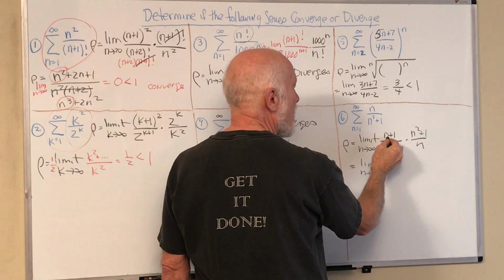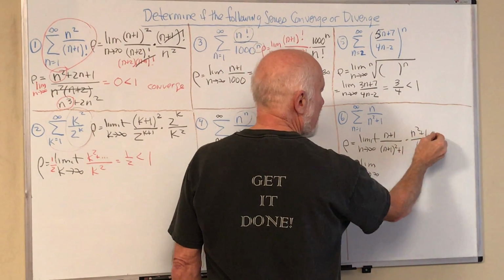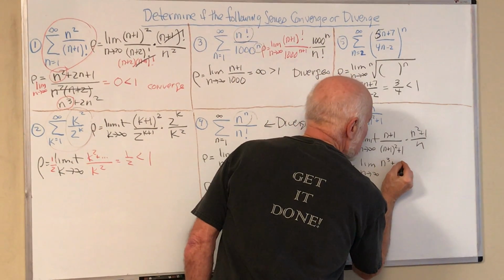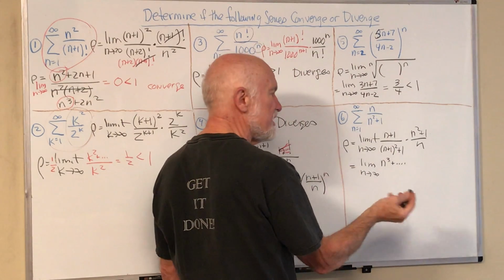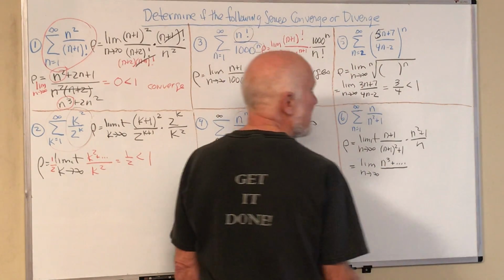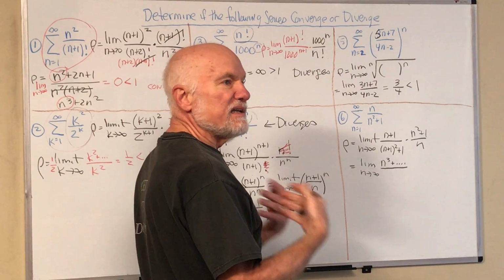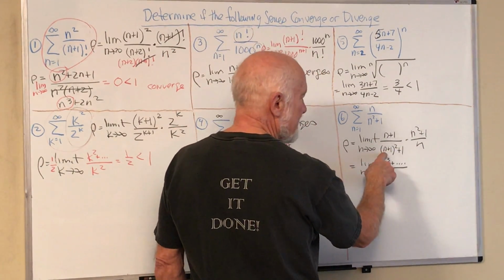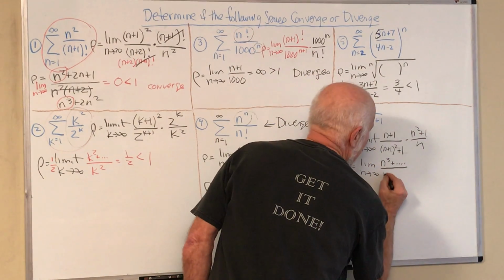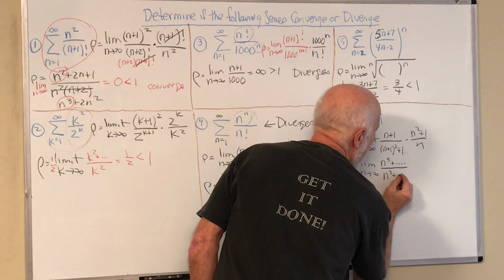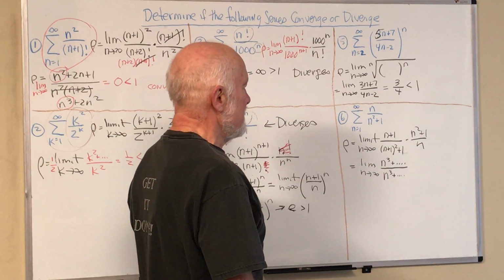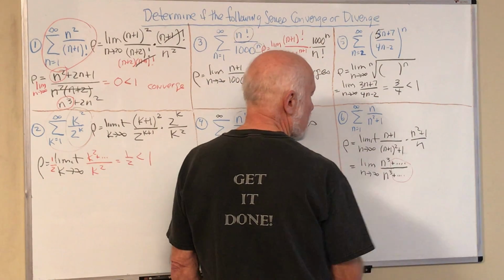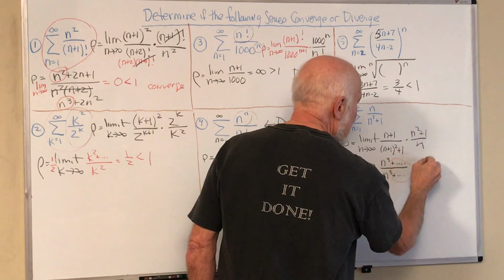You get (n plus 1) times (n squared plus 1), which is n cubed plus lower powers of n. I'm just going to say lower powers of n because I think they're going to end up not affecting our answer. And what are you going to get here if you multiply n times this? You're going to get n cubed plus some lower powers of n. When you take this limit, you're going to ignore all these lower powers of n, and you get 1.